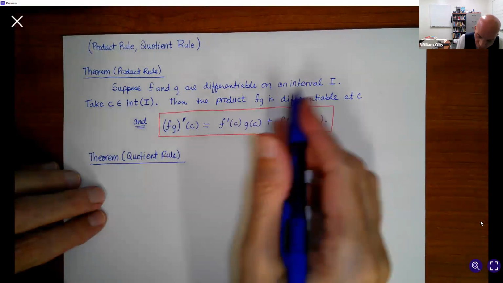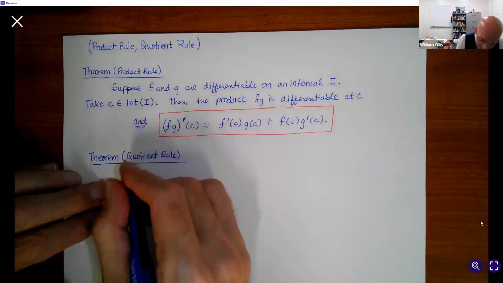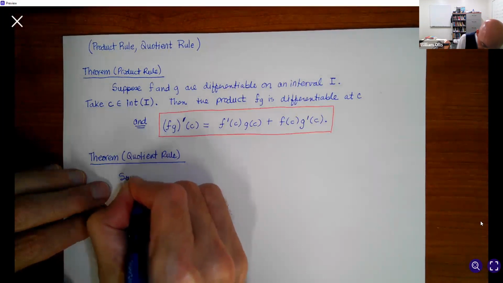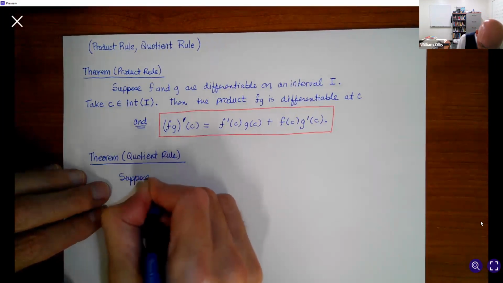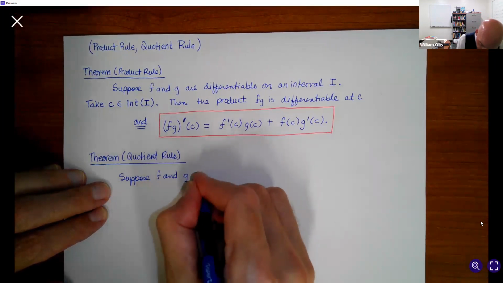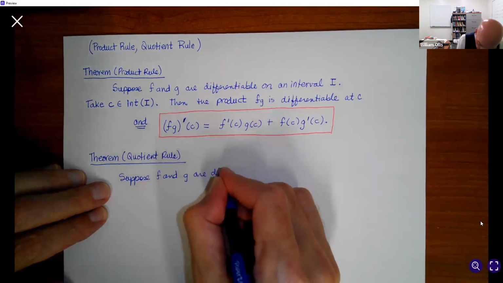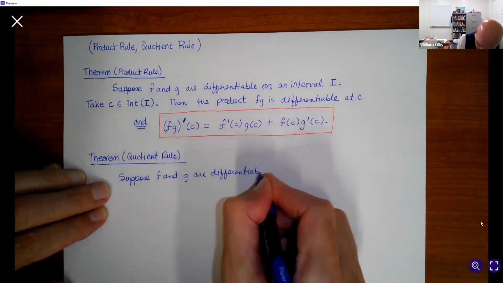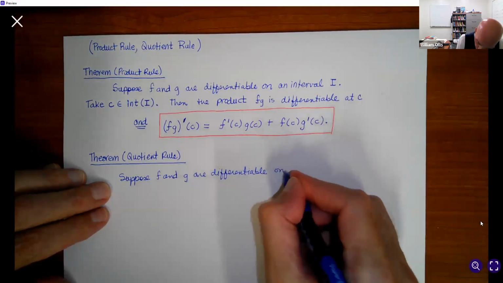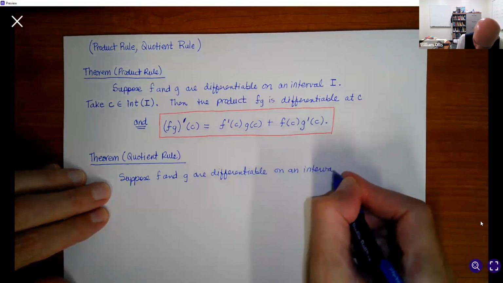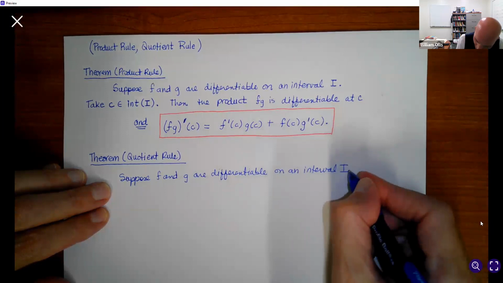Now, in this case, we basically do the same thing. We have the same hypothesis. So we suppose f and g are differentiable on an interval I. I'm writing these out again.